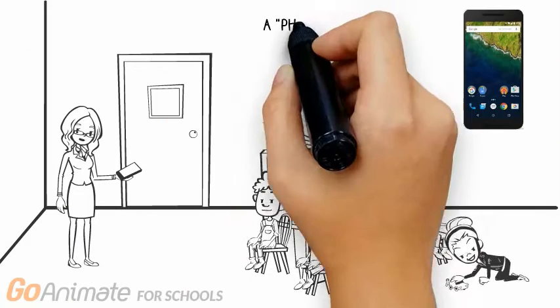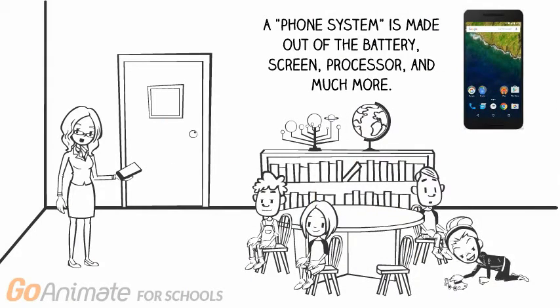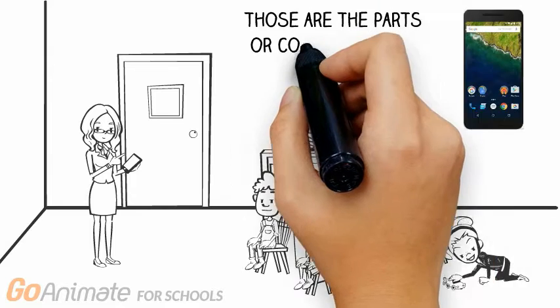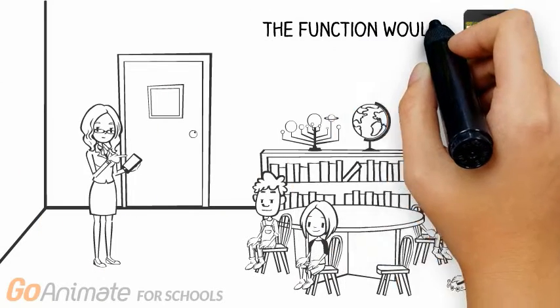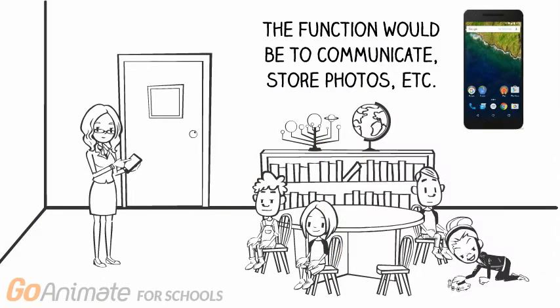The phone system has parts: the battery, the screen, the processor, and much more. The function of the phone would be to communicate, send messages, take and store photographs, and much more.